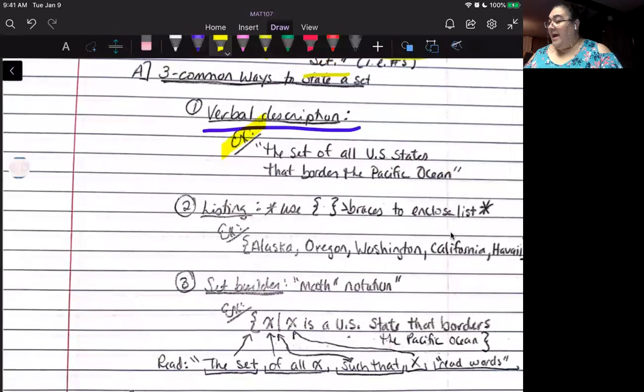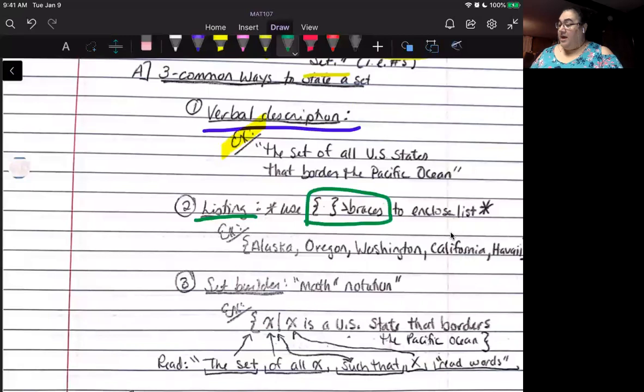The other way that we can talk about a set is by listing it, okay? And this is where we use special notation. We use these braces right here, okay? And that brace encloses the list of the things that belong in the set.